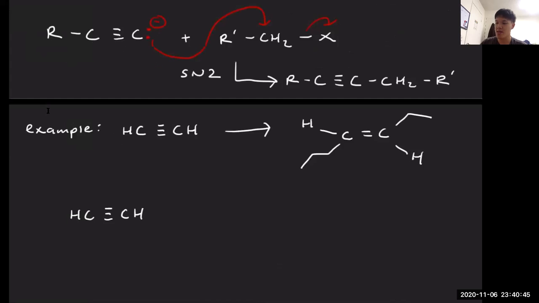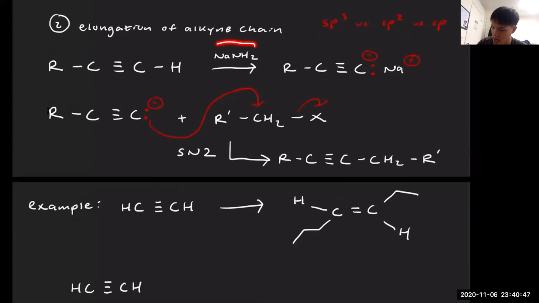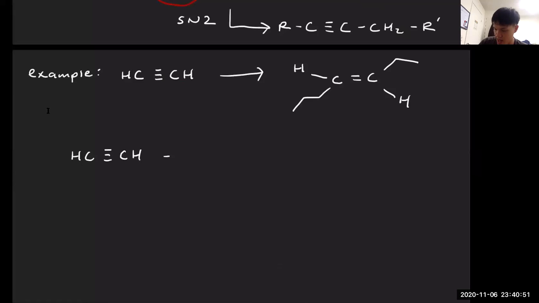And what made it a good nucleophile? This reagent right there, NaNH2. So let's add NaNH2, and then we form HC, this carbon nucleophile with Na as a spectator in this process, right?